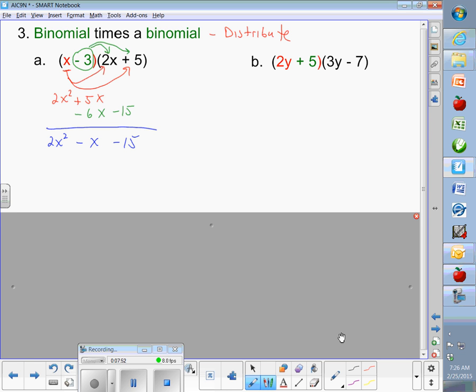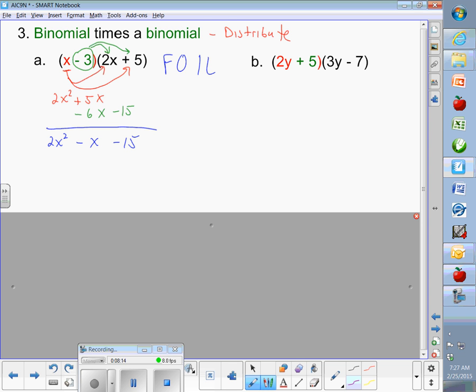Now, at this point, let me pause and mention something that math teachers tell students to help them remember how to multiply a binomial times a binomial. A lot of math teachers love this, and a lot of students love this, and it's called FOIL. FOIL is an acrostic for how to distribute.